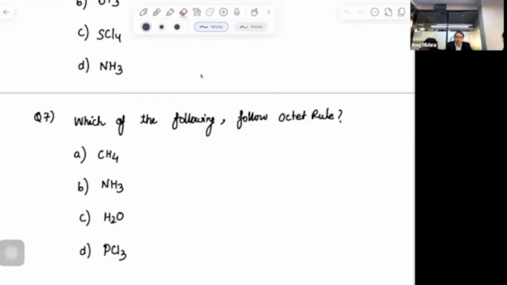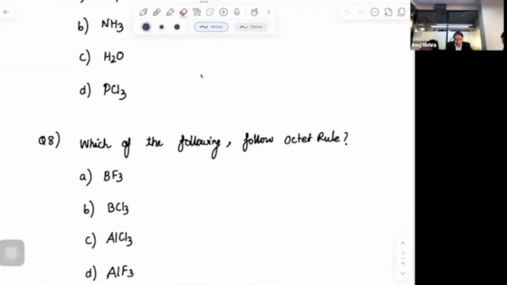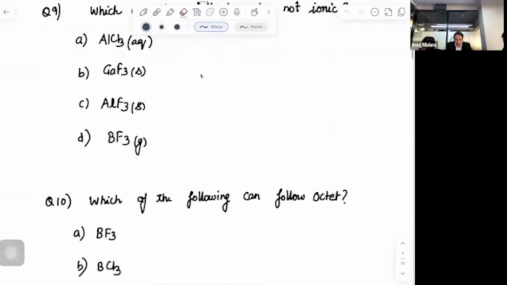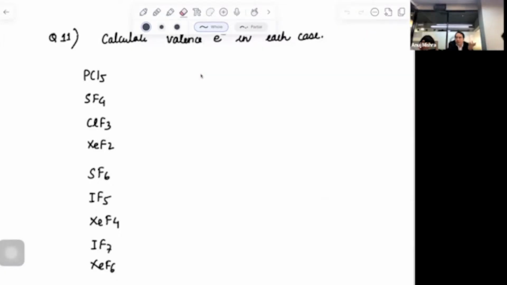Will you do these? Okay. Fine, do all of these questions. And let's try some slightly different questions. Do this easy question. How many electrons will there be in PCl5? It has 5 electrons in valence. And when you form 5 bonds, total how many electrons are around? 10 electrons. SF4 also has 4 bonds and 10. ClF3 has 3 bonds so 6 and then 2 lone pairs so 10.